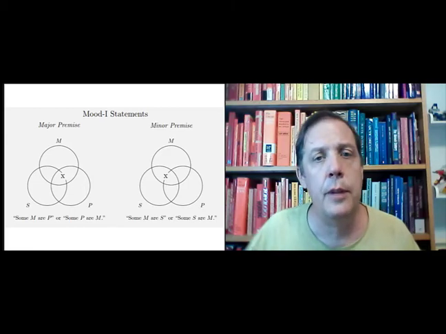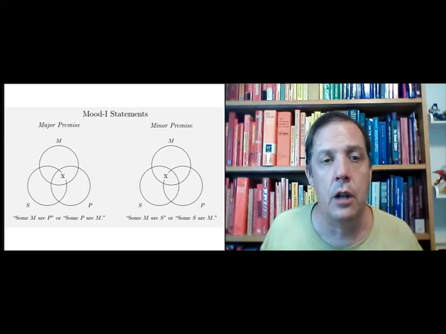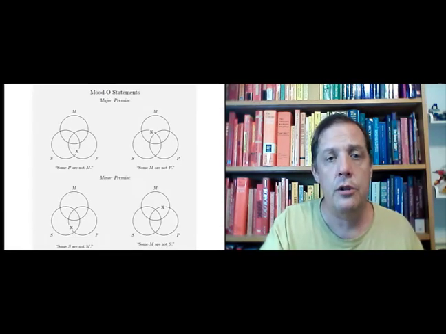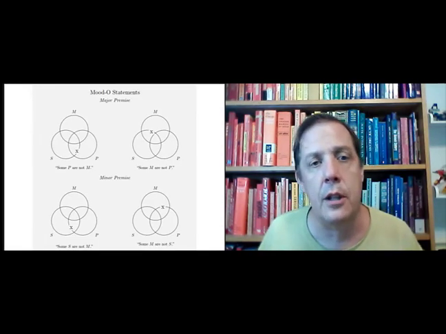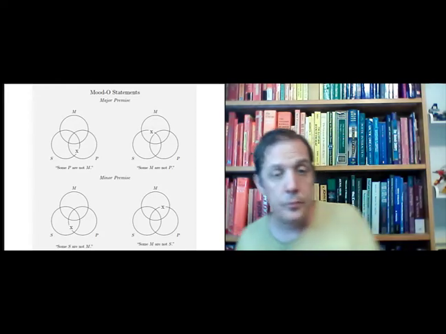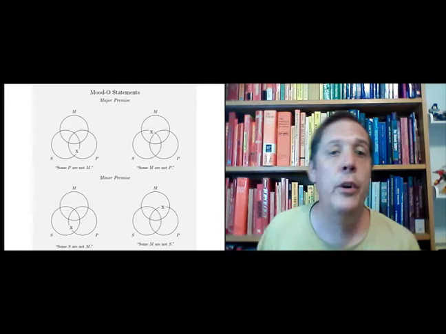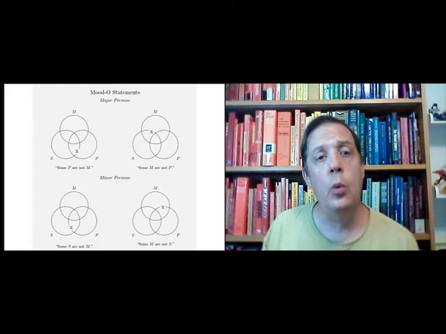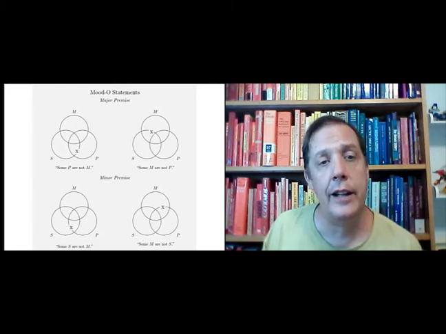So there are two places for mood I statements that it could go, right, represented here. And then for mood O statements, there are 4 places it can possibly go. But again, without any previous shading, we don't know what side of the line it's going to be on, so we always represent it ambiguously.